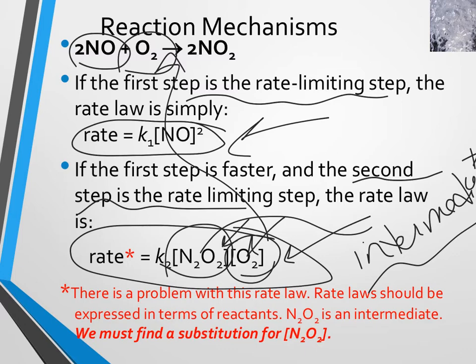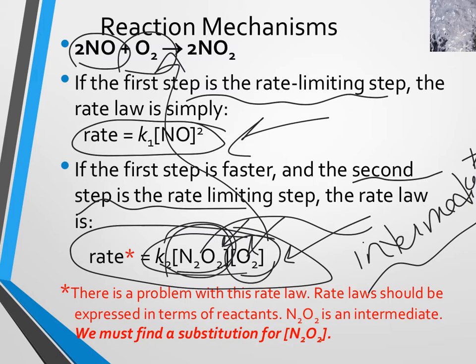The whole idea of a rate law is to be able to measure concentration changes and predict rates. But if you have a substance that's not even a reactant, you're going to have a really hard time. It's impractical.